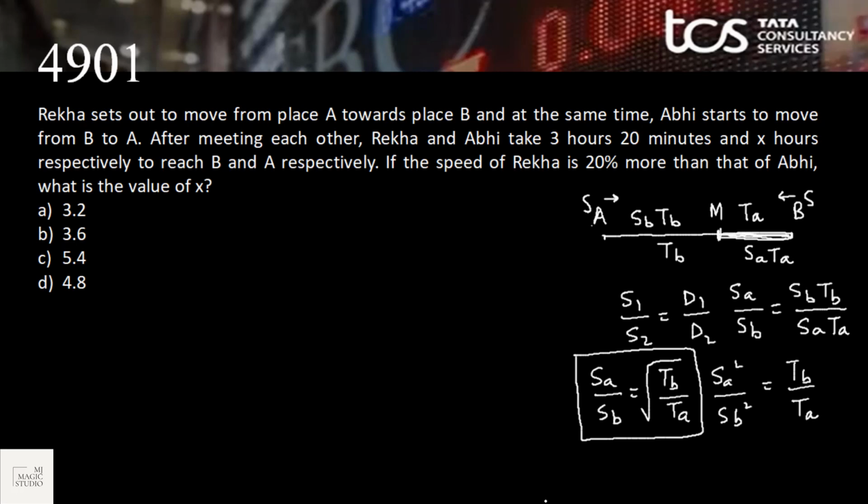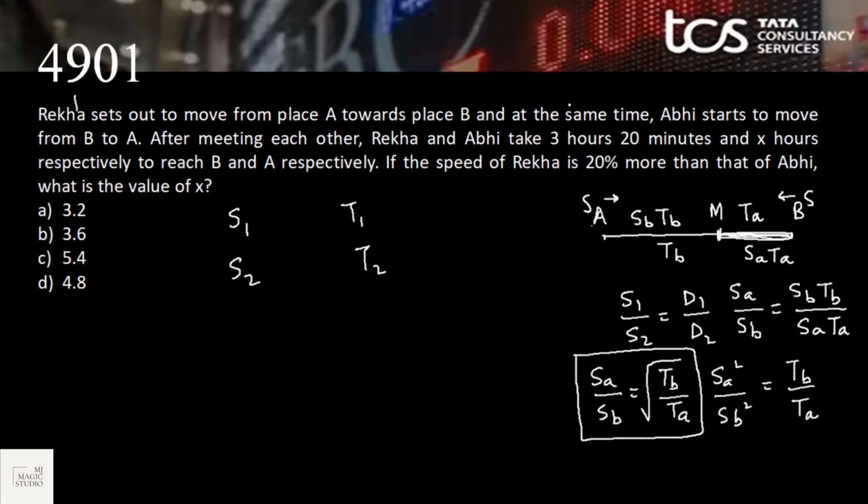Let's read the situation of Rekha now. Rekha sets out to move from place A towards place B, and at the same time Abhi starts to move from B to A. Same situation. After meeting each other at M, Rekha and Abhi take, so we have speed 1, speed 2, time 1, time 2.